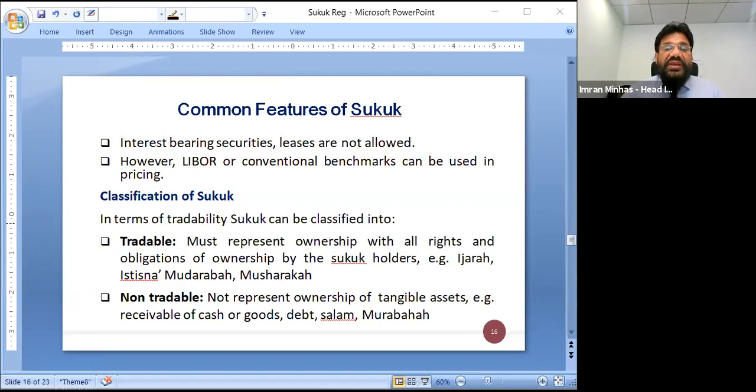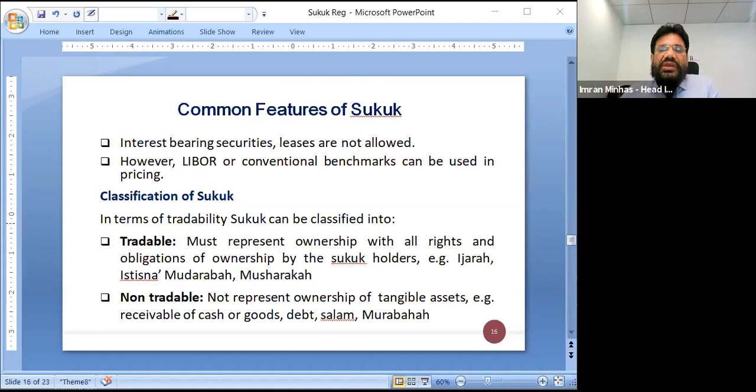Again, Sharia Standard 21, which is on financial papers, tells us that Sukuk to be traded must not represent receivables or debt, except in the case of a trading or financial entity selling all its assets, with certain other conditions. So as per AAOIFI, Sukuk based on Ijara, Istisna, Mudaraba, or Musharaka principles are tradable.